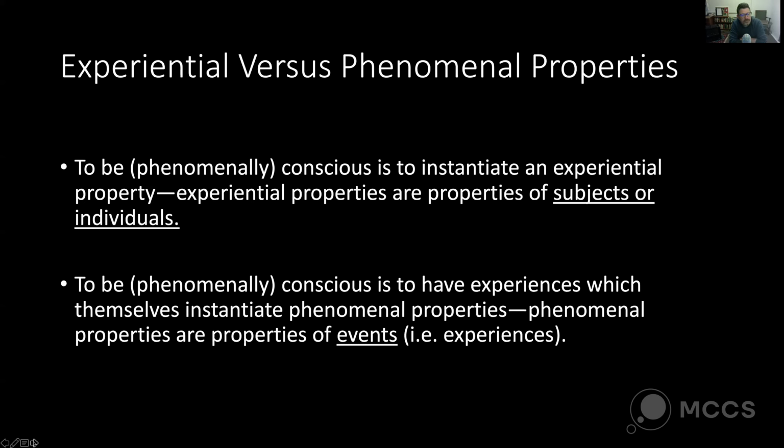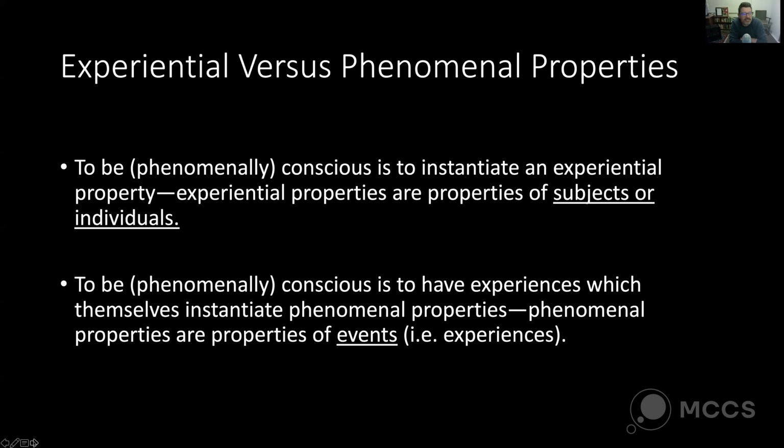And we can think about the difference here, I think, by thinking about how they would play out in contrasting definitions of being phenomenally conscious. So let's take the first one. Here on this slide, we've got two definitions of phenomenal consciousness. And if we look at these definitions, that'll help us to introduce this distinction between experiential and phenomenal properties.